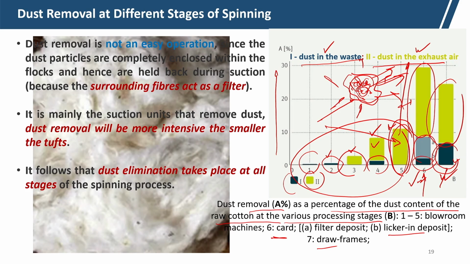And you can see this picture shows the dust particle at the surface, which is removed easily, but the dust in the core does not get removed even through the exhaust fan.